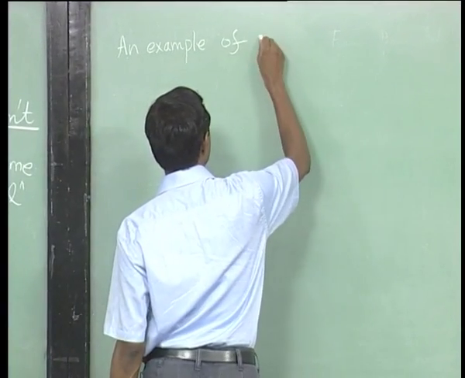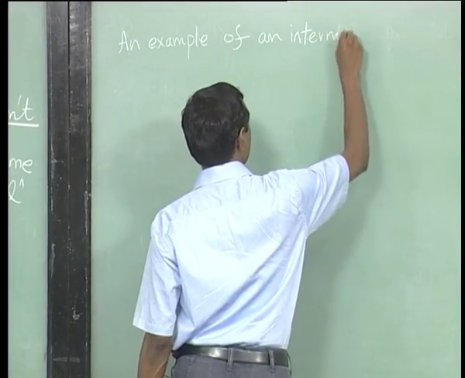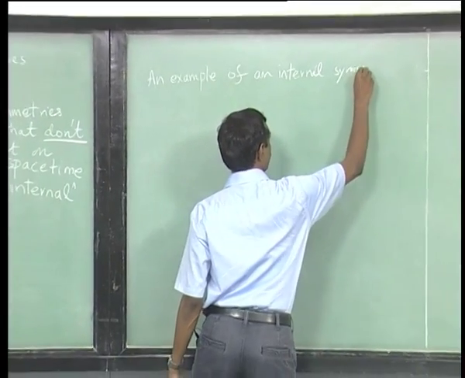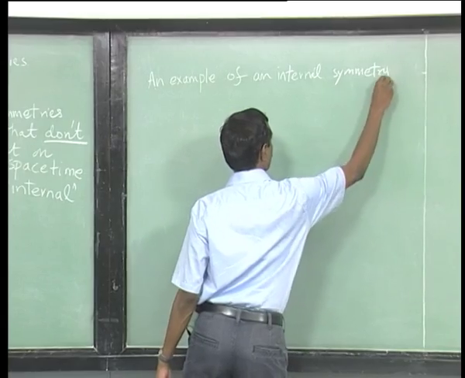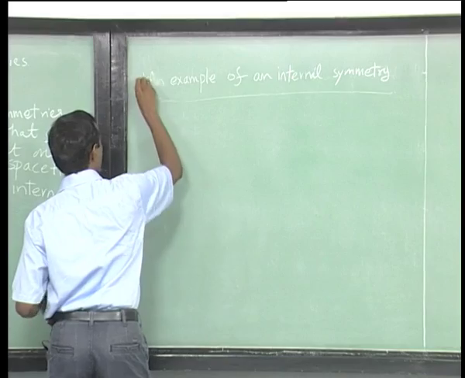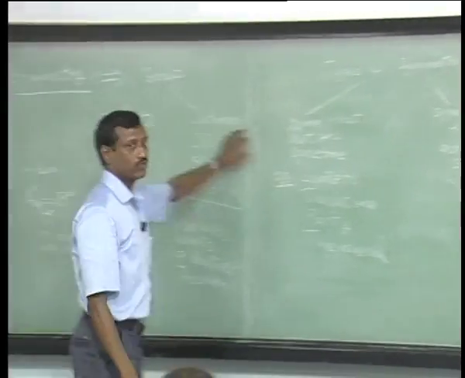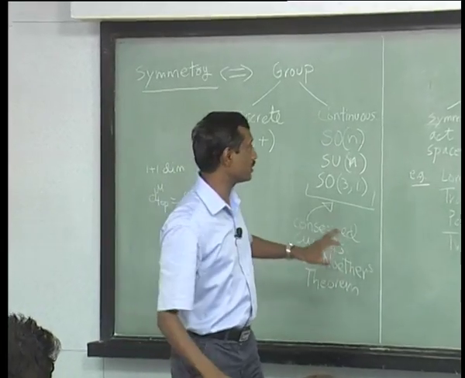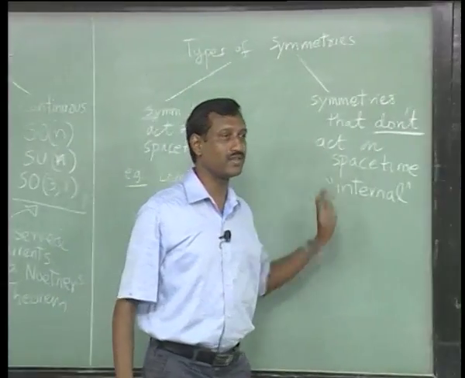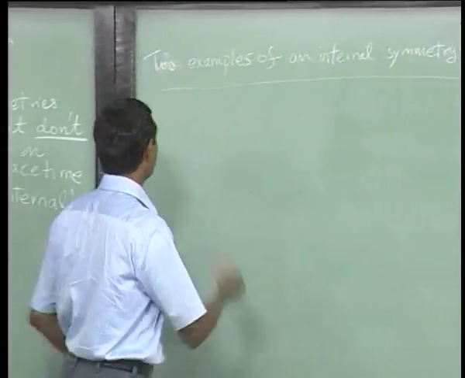Of an internal symmetry, rather, I will give two examples. One will be discrete and one will be continuous. I do not want you to think that certain internal symmetries cannot be discrete or whatever. So, let us first do the discrete one.